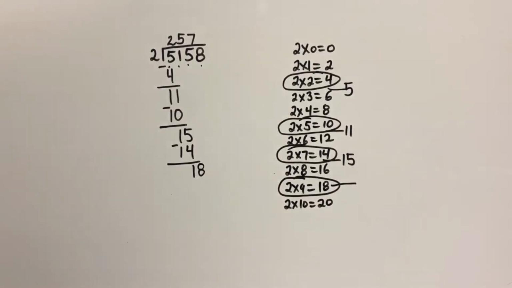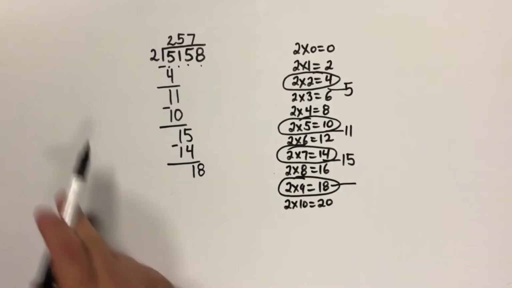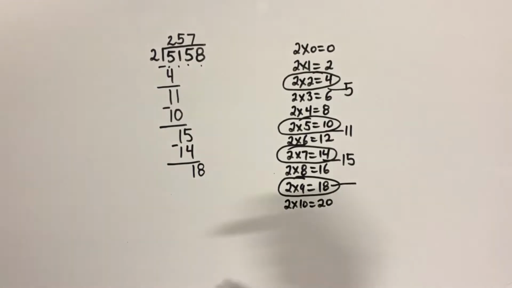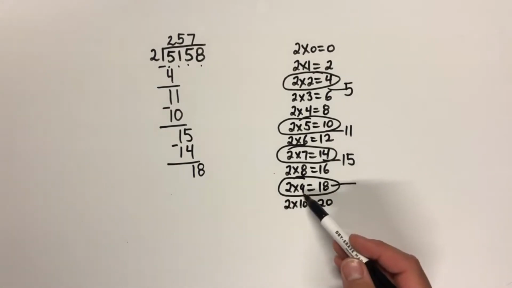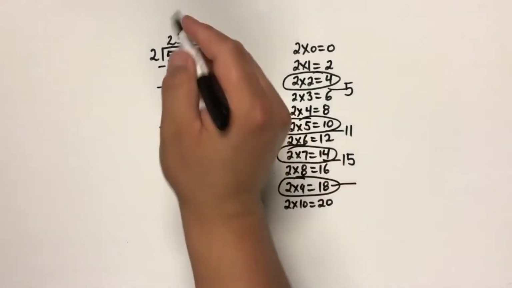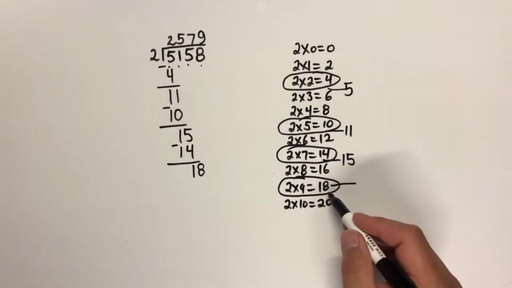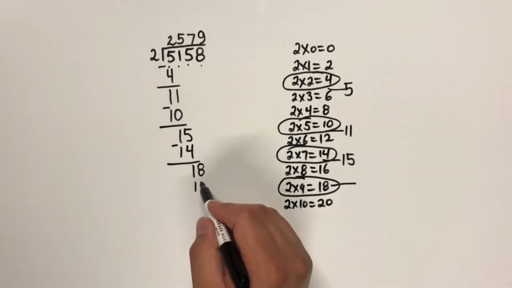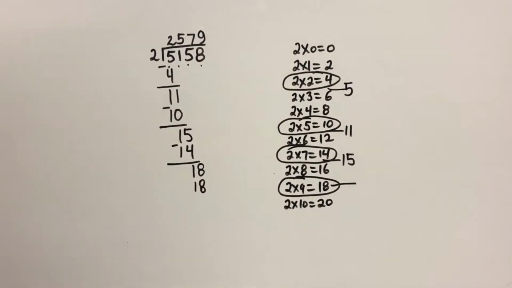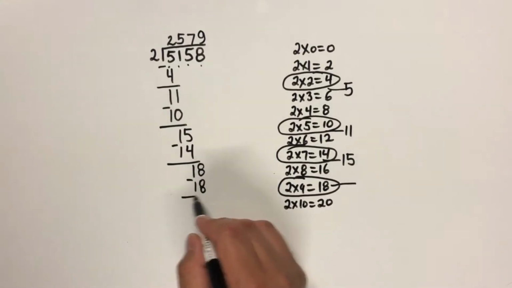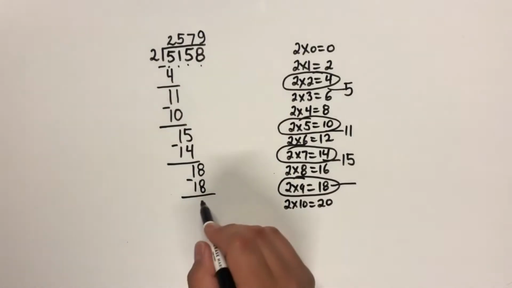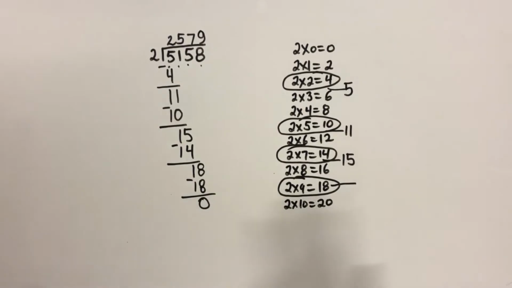So I'm going to choose that expression. This 2 right here is this 2 right there. And this 9 right here goes on top of the number 8, like so. And this 18 goes underneath the number 18. And then I perform a subtraction of those two numbers. 18 minus 18 is 0. And this is finished.